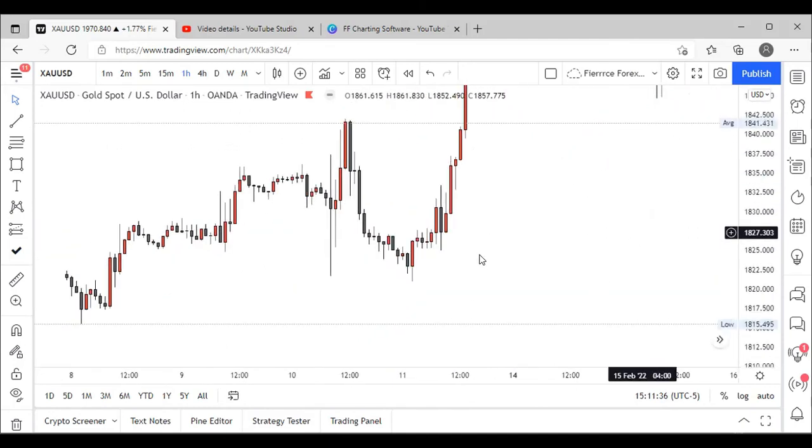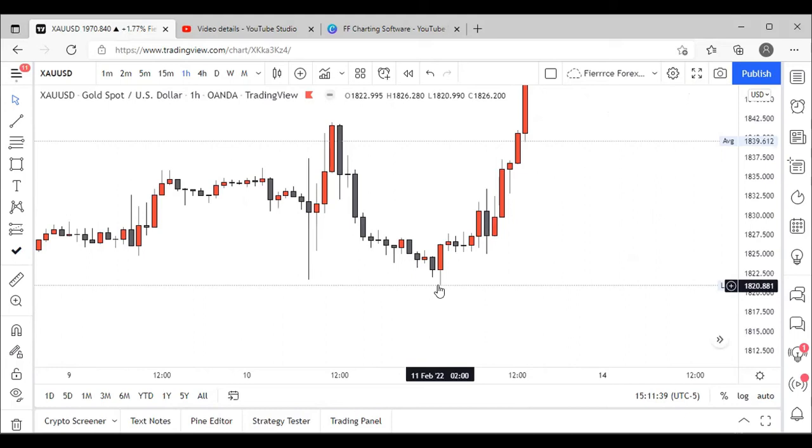Okay, this is a close below candlestick. It closed below this candle. This bullish candle, the close was below this candle. So technically, this is a push to the upside.